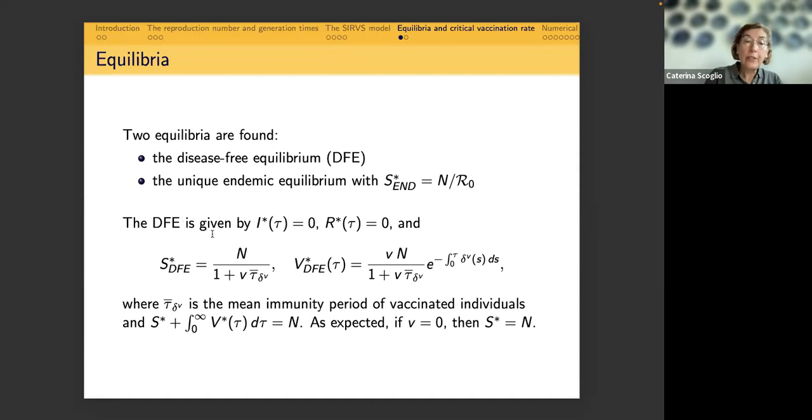For the disease-free equilibrium instead, we have the situation where we don't have any infected and we don't have recovered. However, we have a portion of the population in the susceptible state and another portion in the vaccinated state. So the disease-free equilibrium requires an amount of individuals in the vaccinated state.